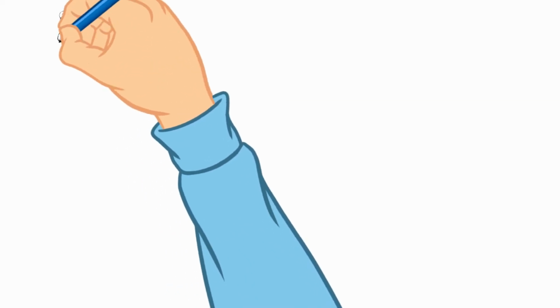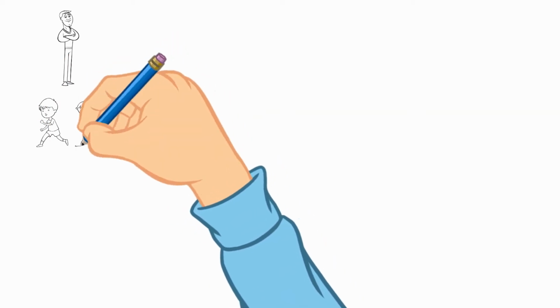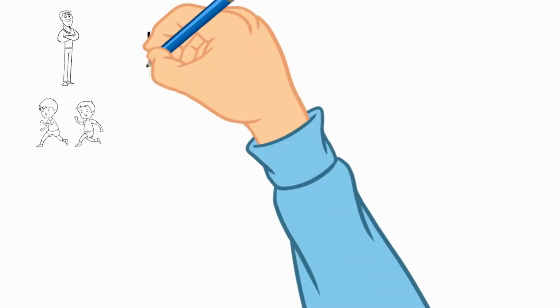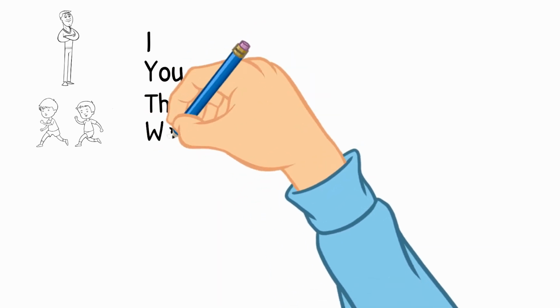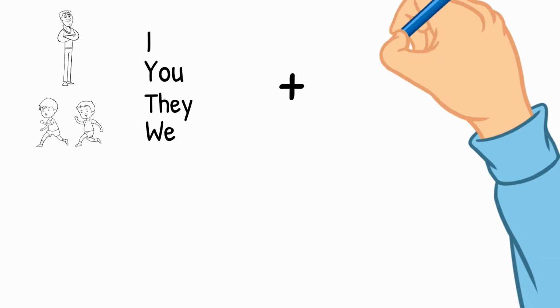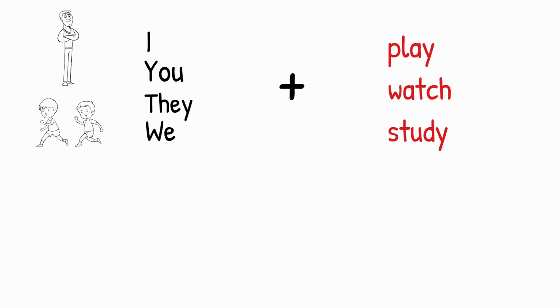The no S or plus S rule changes when the actor changes. So for actors like I, you, they, and we, there is no S added to the verb, so the spelling doesn't change. You don't add S when you're talking about yourself, the person in front of you, groups of things, and people.